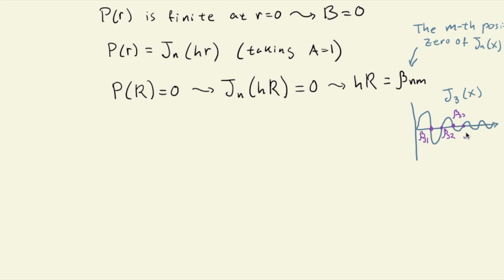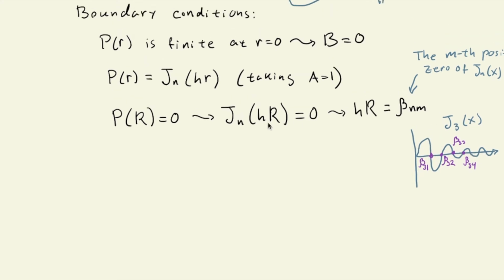This is the fourth, beta_3,4. So the first index says which Bessel function you're looking at. The second index says which zero you're looking at. But because J_n(hR) is equal to 0, it must mean that hR is one of these zeros. Does that make sense? And so from here, we can solve for what the constant h has to be.